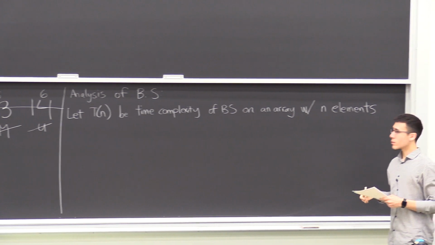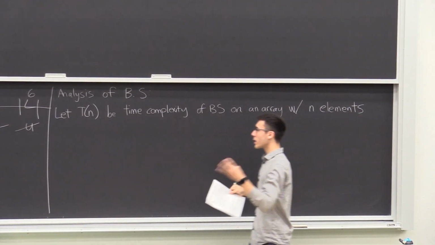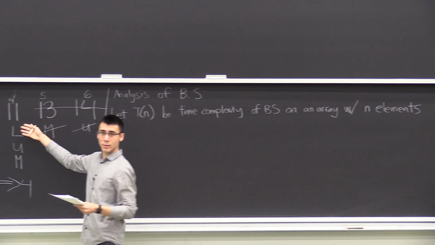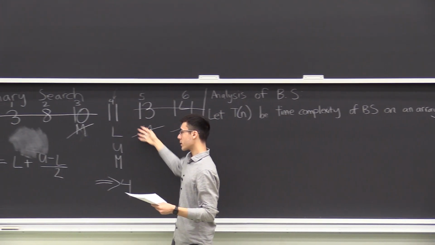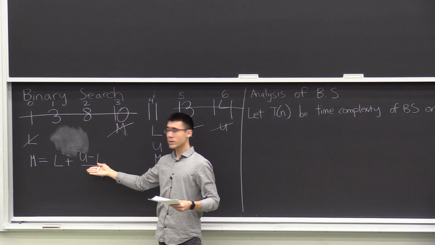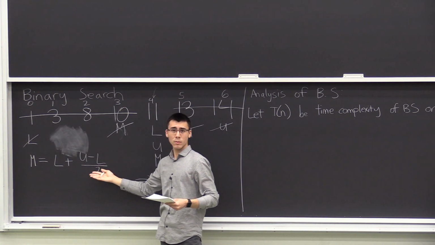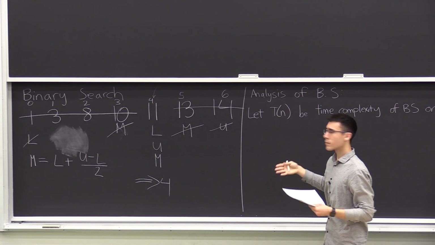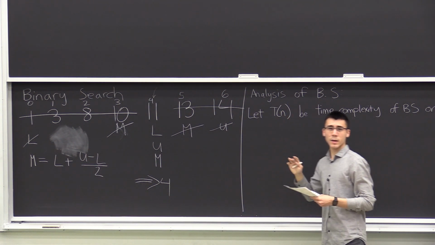Okay? So T(n) is how many computations, or let's say comparisons, we have to do here. It could be comparisons. It could be how many times we need to compute m equals L plus (u minus L) over 2. In total, that would be T(n) for this entire algorithm.